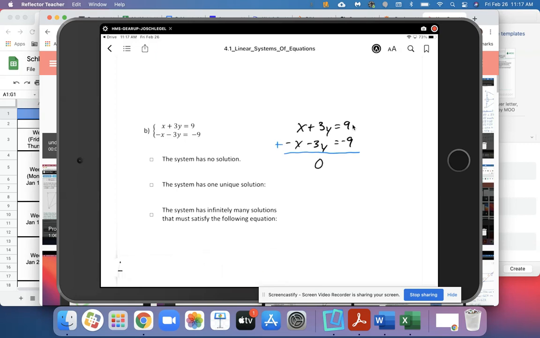So on the left side, we have 0. And on the right side, 9 and negative 9 makes nothing. So on the right side, we have 0. So 0 equals 0 is always going to be true. And so in the case of this one, folks, we have what we call infinite solutions.